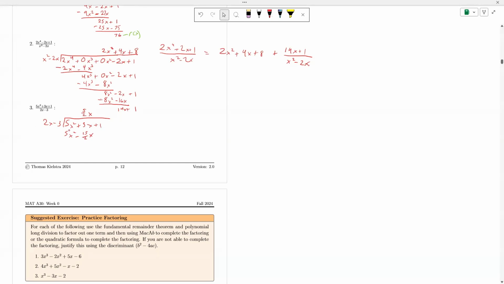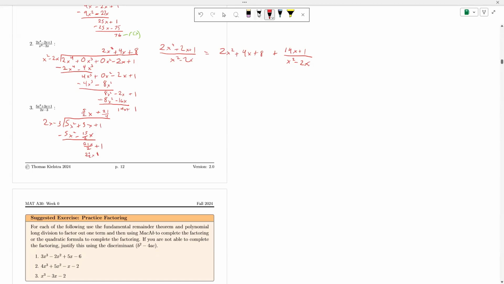Now, when we subtract off this expression, we get 3x plus 15 over 2 x, which is going to be 21x over 2 plus 1. Now, 2x goes into 21x over 2, 21 over 4 times.